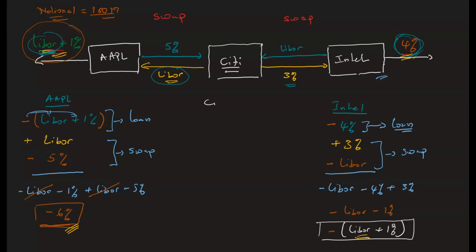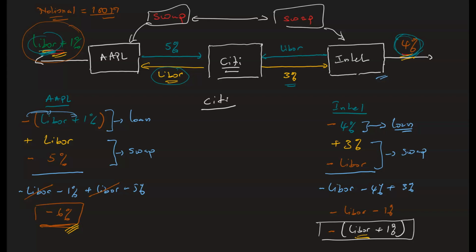So Citi, which is the middleman that helped put together these deals, is going to show up about here. And so for Citi, what do we have? Citi essentially entered into two different swaps: the first swap with Apple and the second swap with Intel. And so Citi is going to reconcile this swap transaction. And so where do we lie?